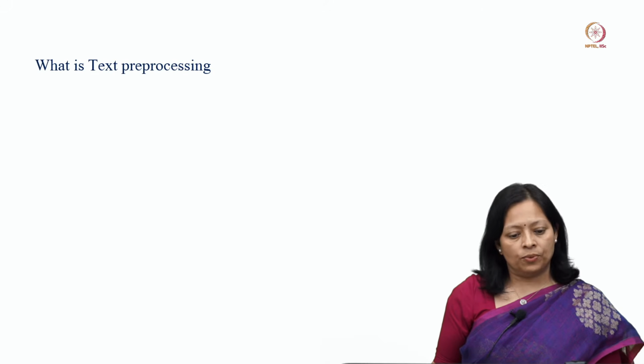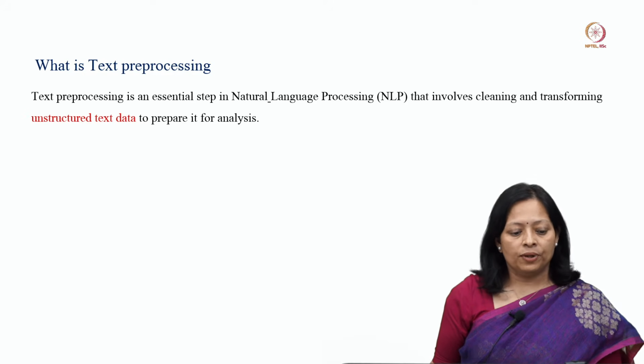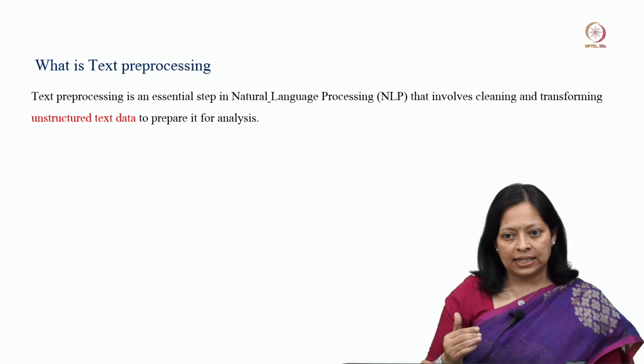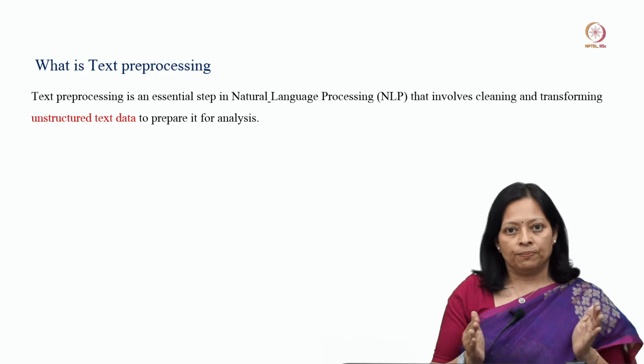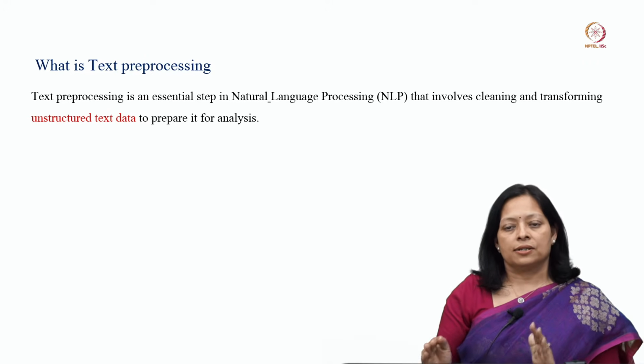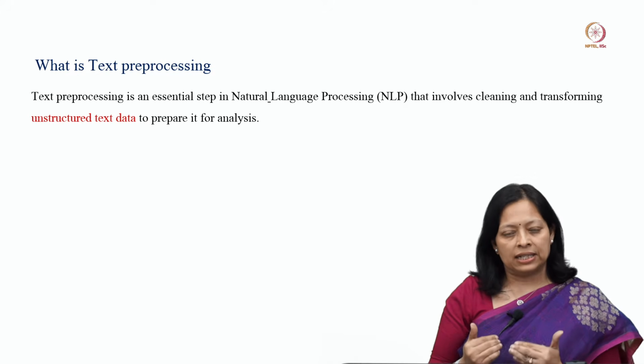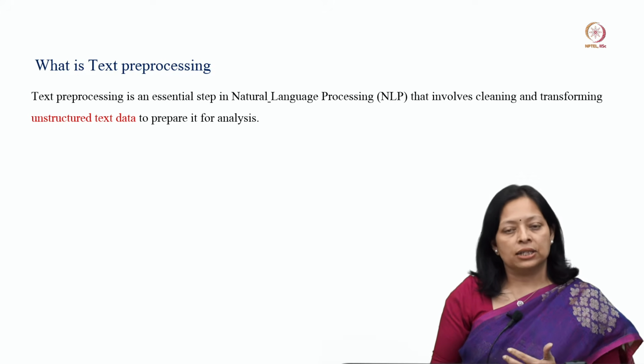What is text preprocessing? Text preprocessing is an essential step in natural language processing that involves cleaning and transforming unstructured text data to prepare it for analysis. So as I was telling, you give some input text, and when it is passed through the model, we expect the model to use NLP techniques and give some output in the form of text.